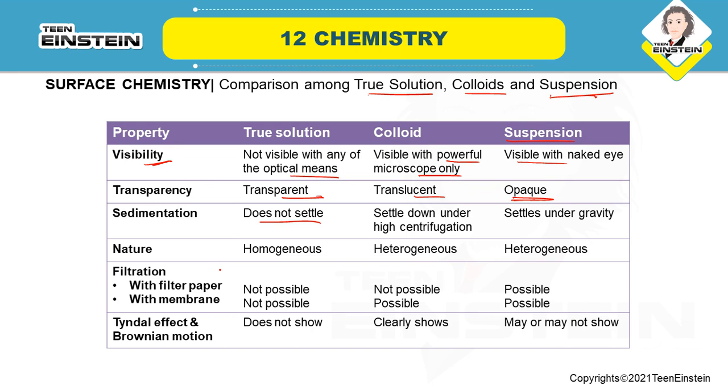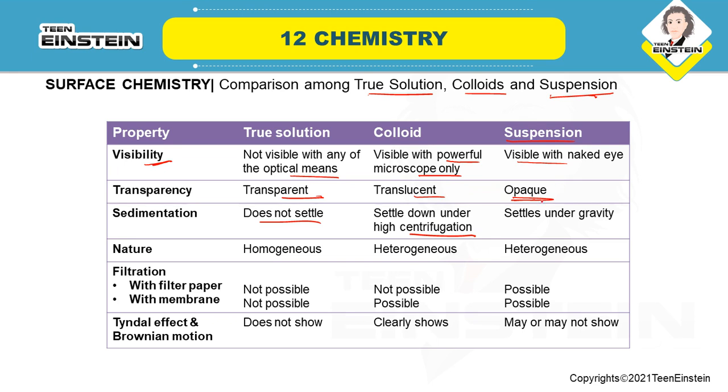True solution, no question of sedimentation, because it is completely transparent, you cannot see even the particles. A colloid settles down under high centrifugation. If you just keep it for a long time, it will not settle, but if you do centrifugation, then we can forcefully settle them down, but otherwise they will not settle.